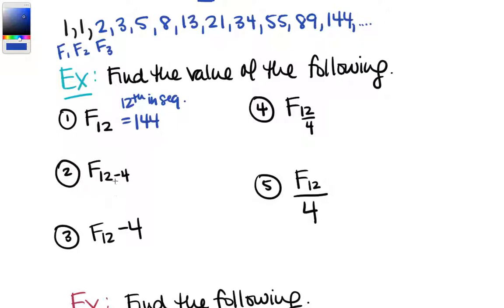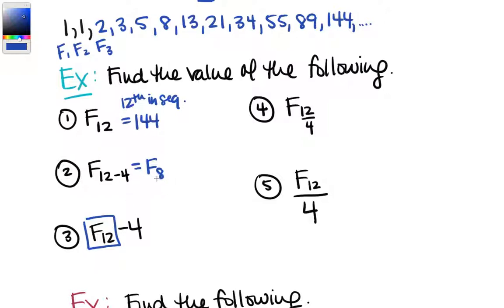Now we want to find F12 minus 4, and F(12 minus 4). What we're working with here is the difference between being down in the index, which Fibonacci number it is, versus being up in the operation. In the second and third examples here, we see 12 minus 4. That negative 4 is down in the index, so that's actually F8. Whereas this, the minus 4, is totally separate, so it's the full F12 minus 4.